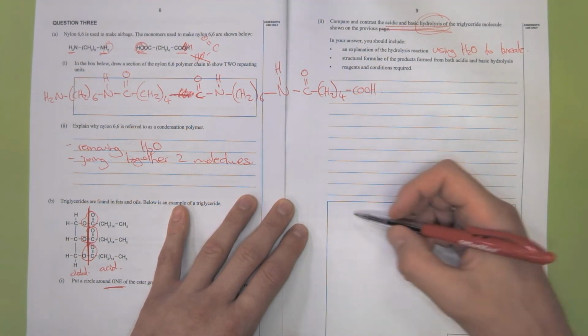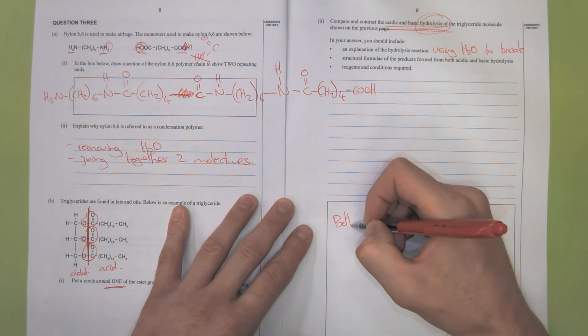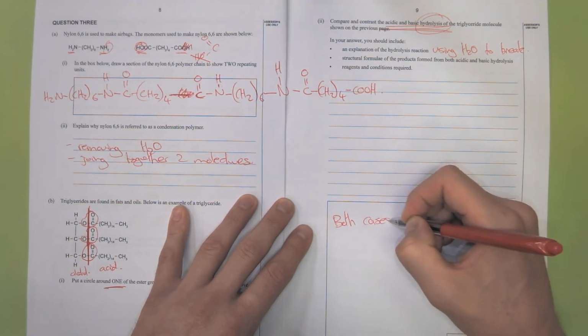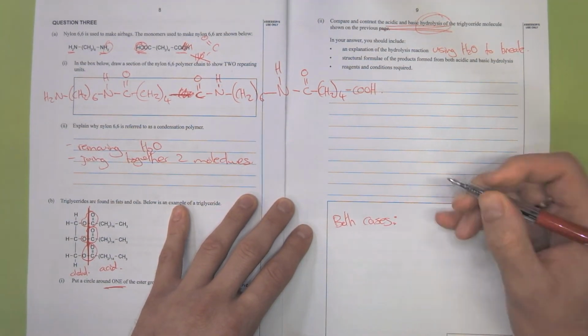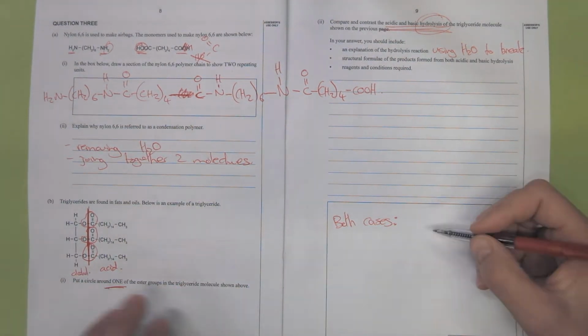So let's just draw this out. In both cases, acidic and basic hydrolysis, we're going to get the same alcohol, right? Glycerol. So we'll draw that out.